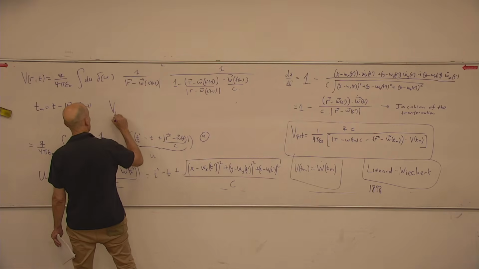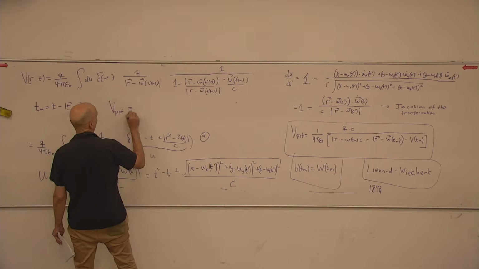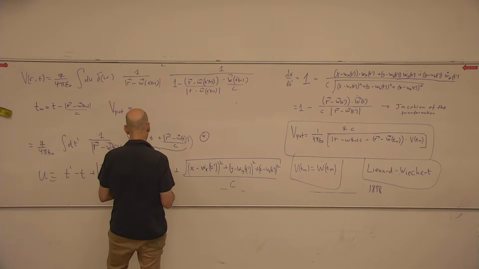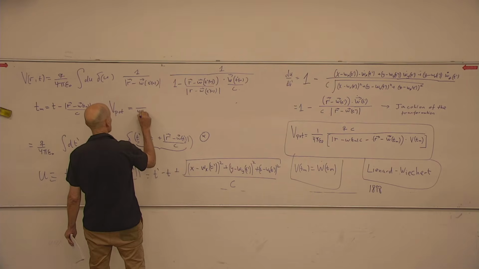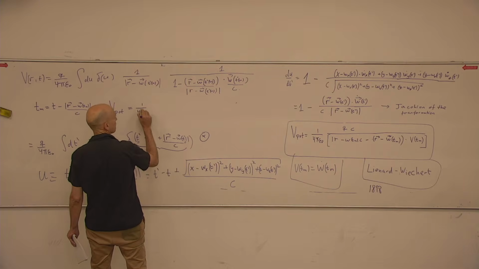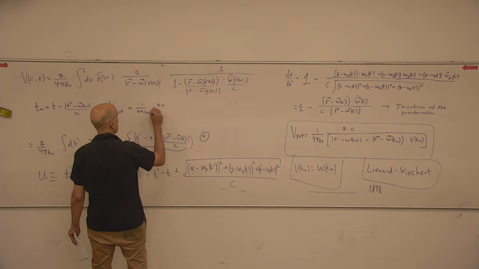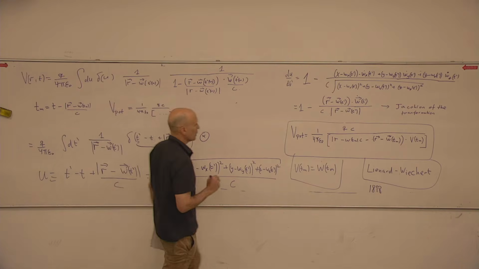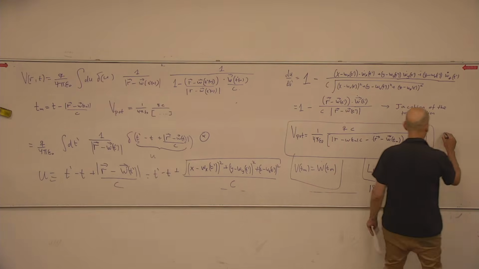We get the V potential. Okay, we get this. Let's call this equation bet.